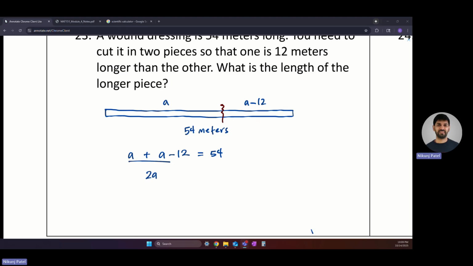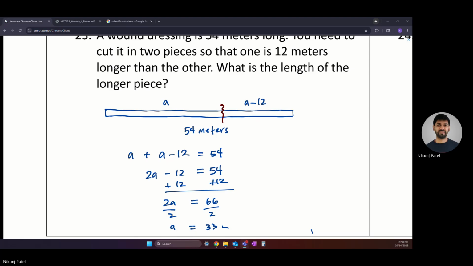Well, combining like terms, we have A plus A, so that's 2A, minus 12 equals 54. And if I continue to solve this, couple more steps, then we get that the longer piece is 33 meters.